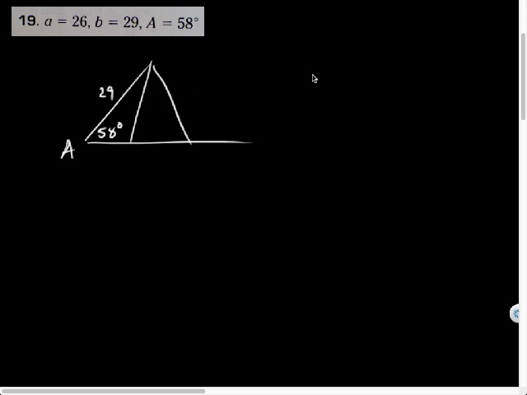Well, technically I could use the height equals the adjacent times the sine of the angle, because I can see that the opposite side of 26 is shorter than the adjacent. But now I just have to technically prove that it's longer than the height.